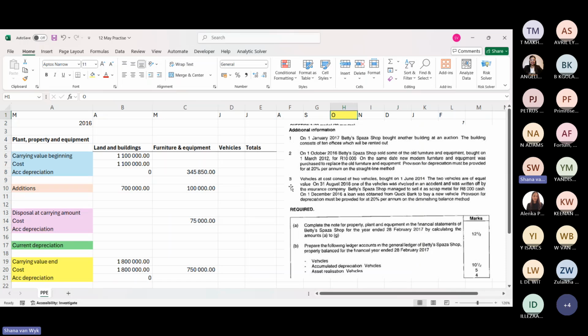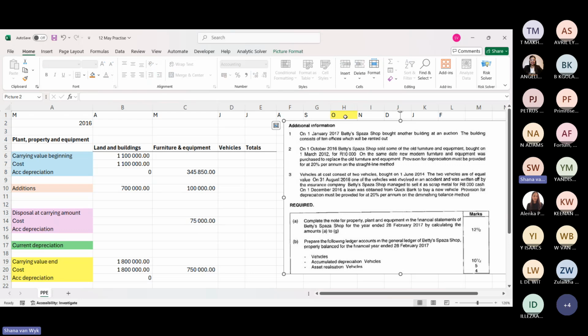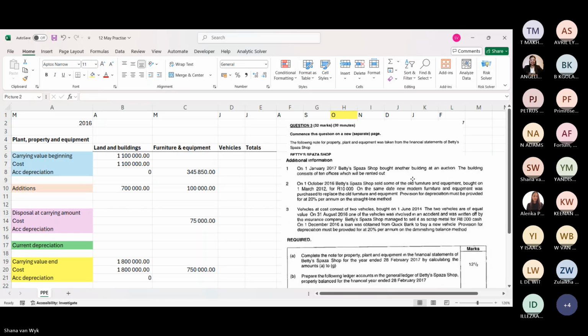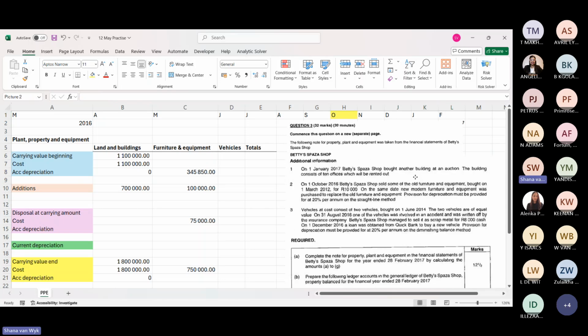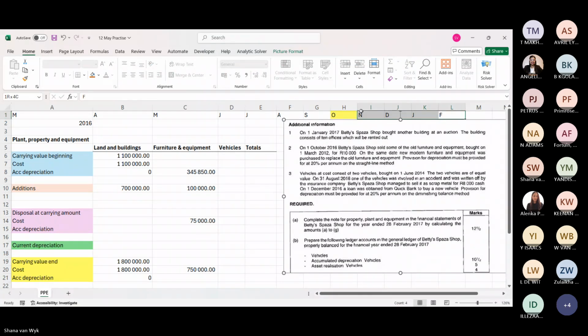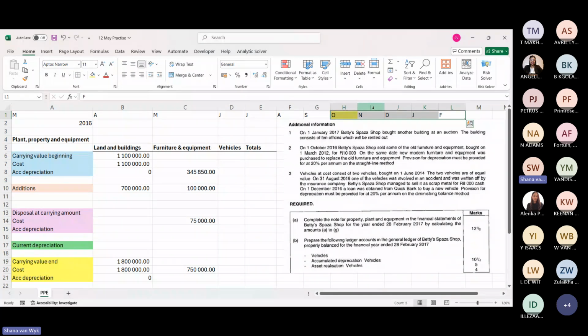We have a cost. Yes. Okay. So 1, 2, 3, 4, 5, 6 months, because it's 1st October.